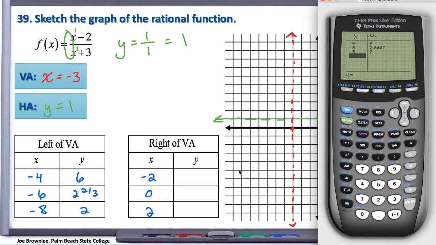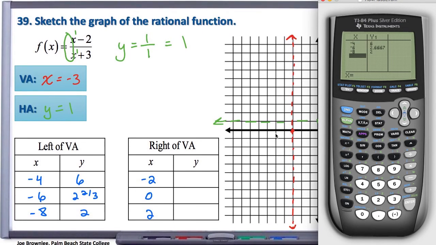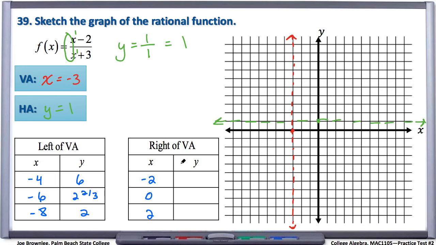Now let's figure out the corresponding y values on the right. Negative 2 gives negative 4, when x is 0 we get negative 2/3, and when x is 2 we get 0. So we put in negative 4, negative 2/3, and 0.